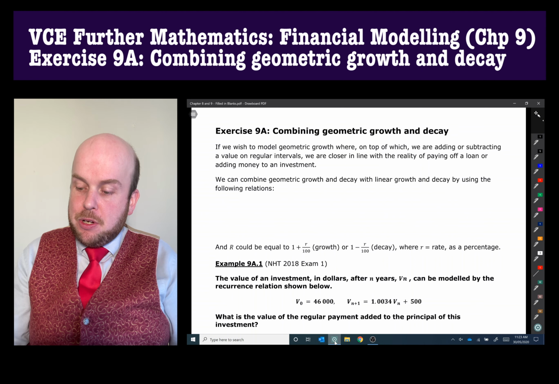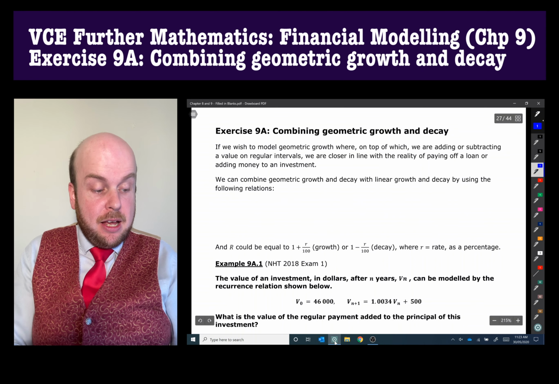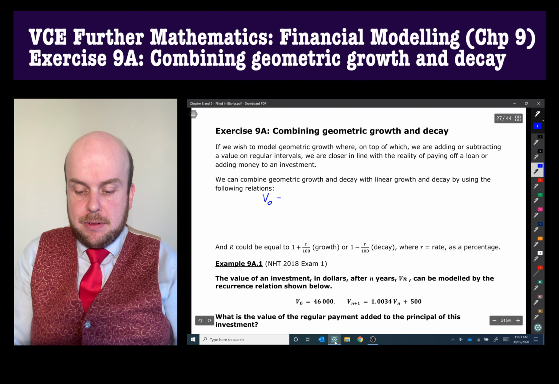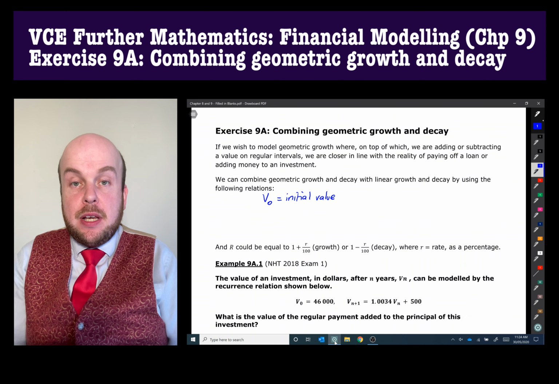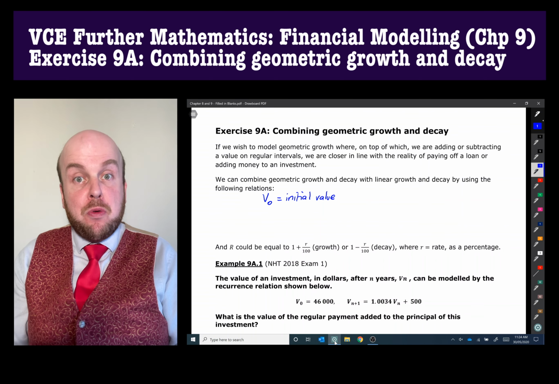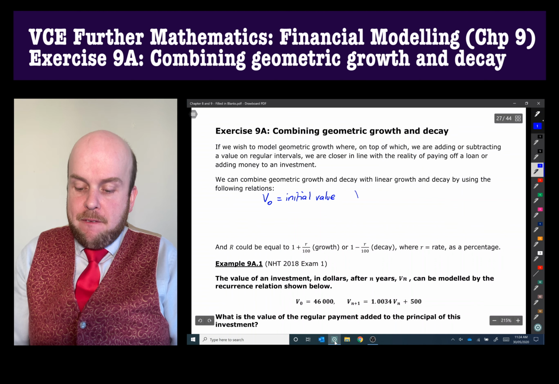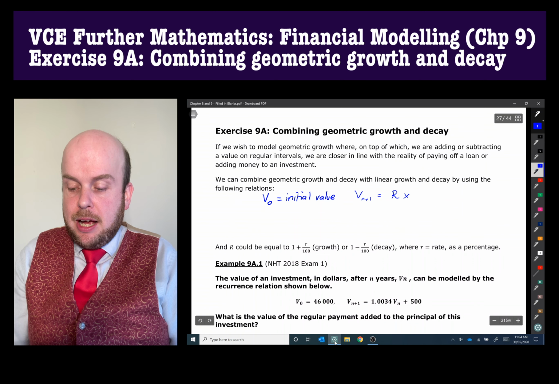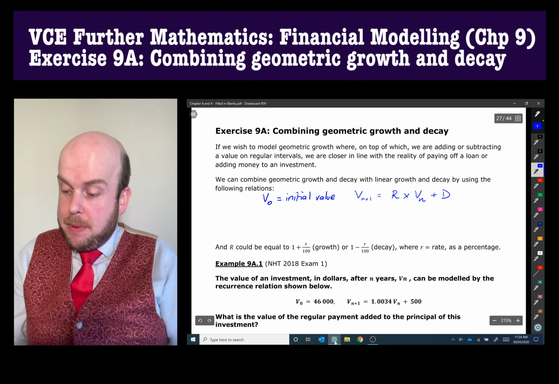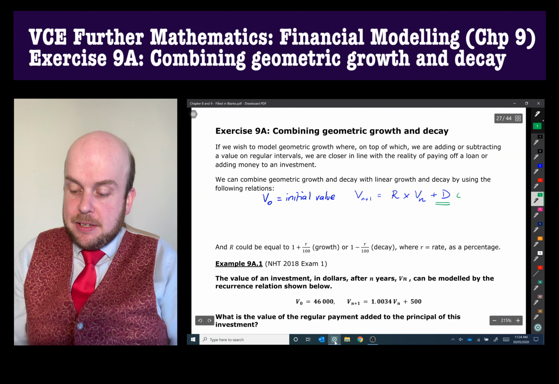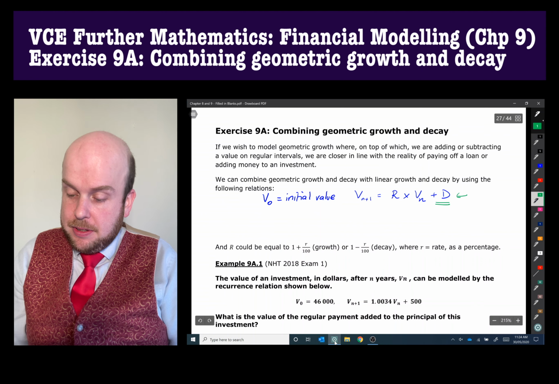We always, as per usual, start with an initial value, which we'll symbolize here as V0. Now, if we're adding money to an investment, the way that we would write the recurrence relation would be Vn plus 1 equals R times Vn plus D. If you remember from chapter 8, D is just some amount.